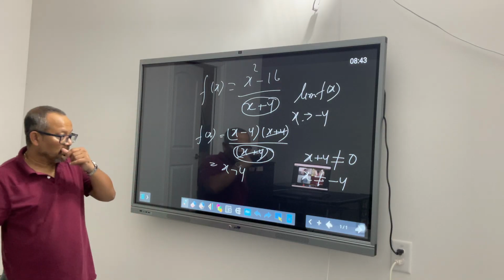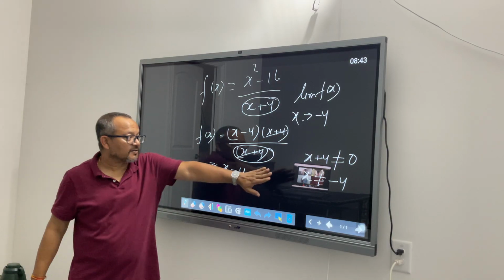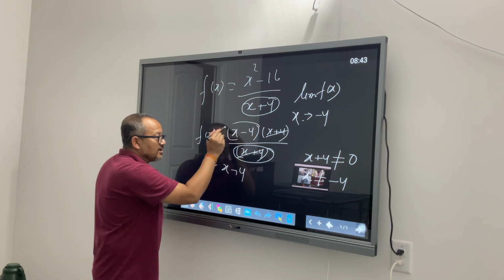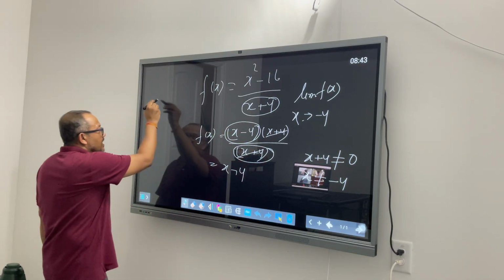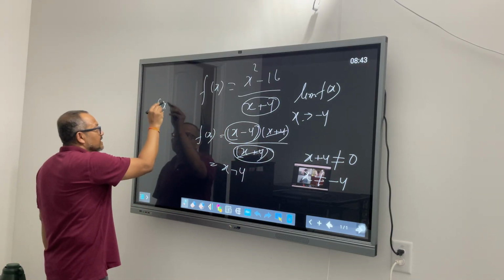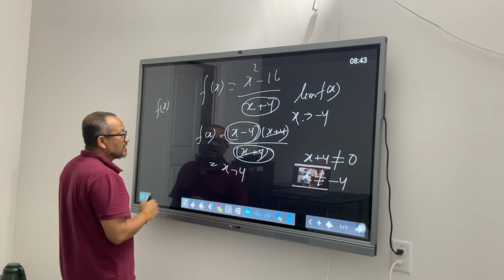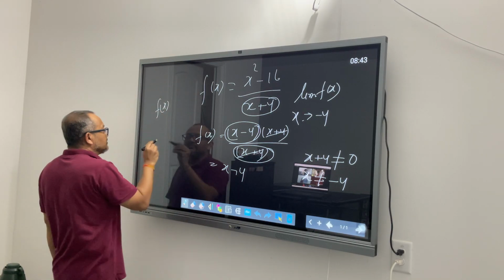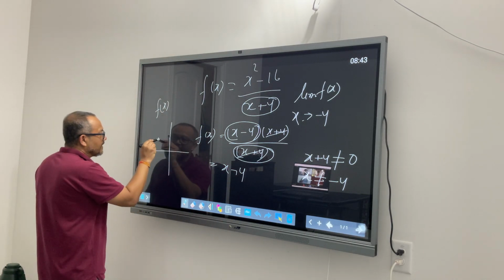Okay? So if my x is not becoming minus 4, everything is this value. So my function of x, when x is not equal to minus 4, I am checking where my function is landing.